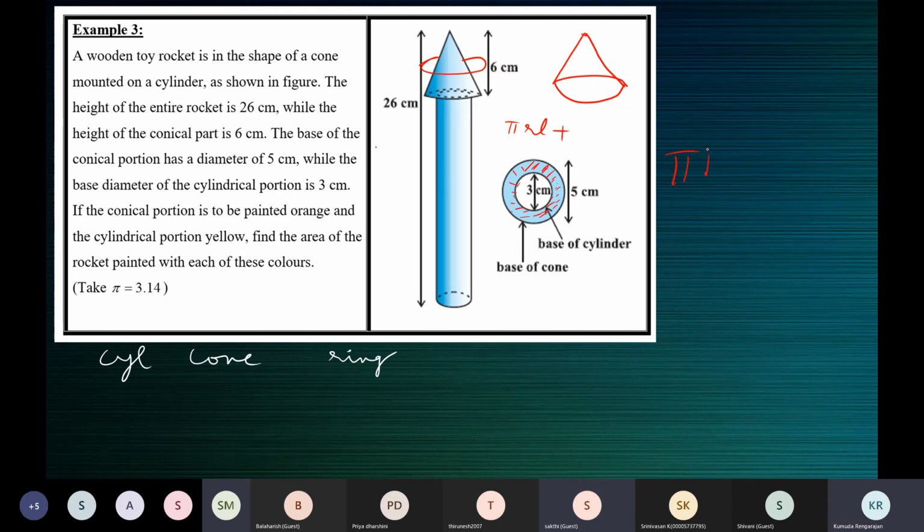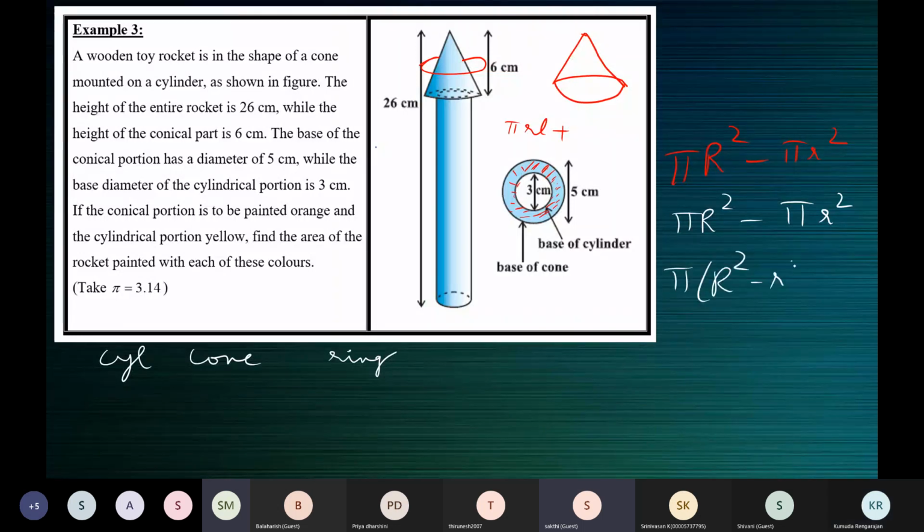So we say the area of the ring is the area of the outer circle minus the area of the inner circle. This is the area of a ring. And this ring is a part of the cone, not the cylinder.